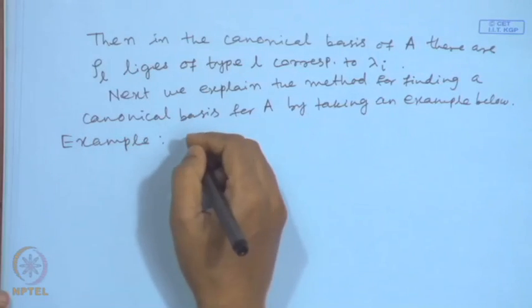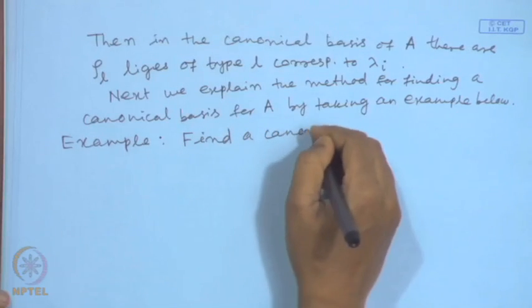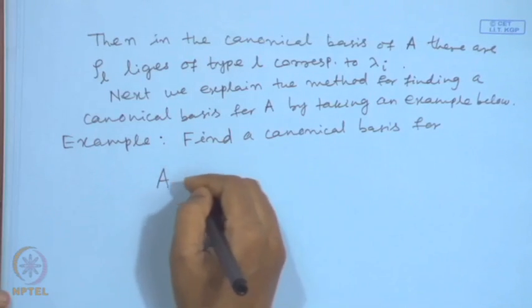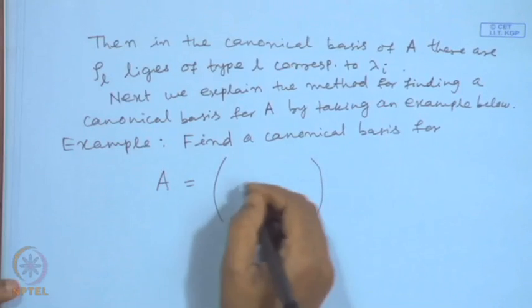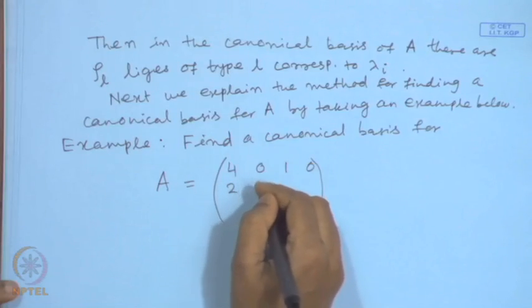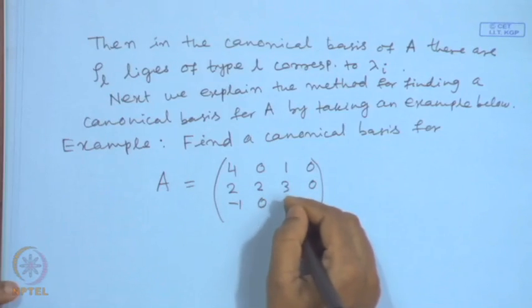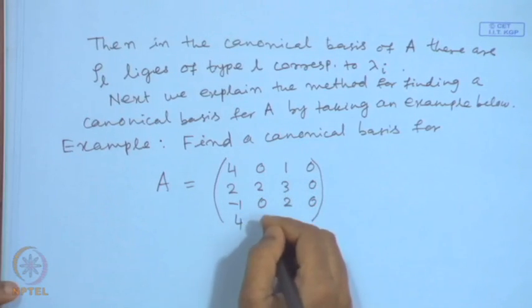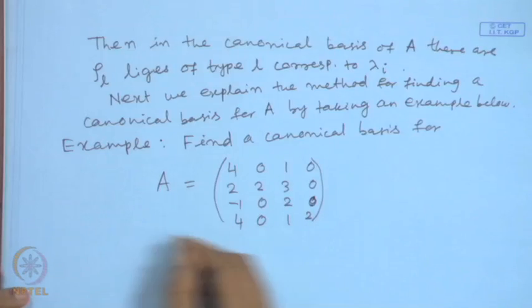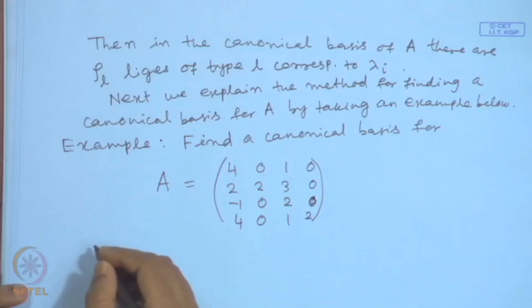In this example we find a canonical basis for this matrix A, which is 4 0 1 0, 2 2 3 0, minus 1 0 2 0, 4 0 1 2.